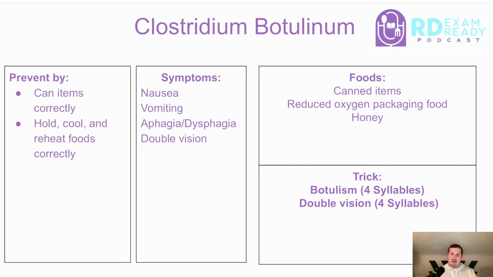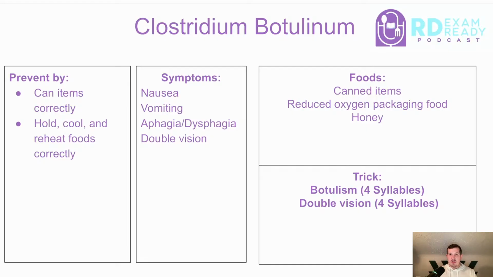The symptoms we see are nausea, vomiting, aphasia, difficulty finding words, or dysphagia, difficulty swallowing. The other piece would be double vision. Double vision can also happen with Clostridium botulinum. It can be fatal in some cases too when it gets really, really bad.